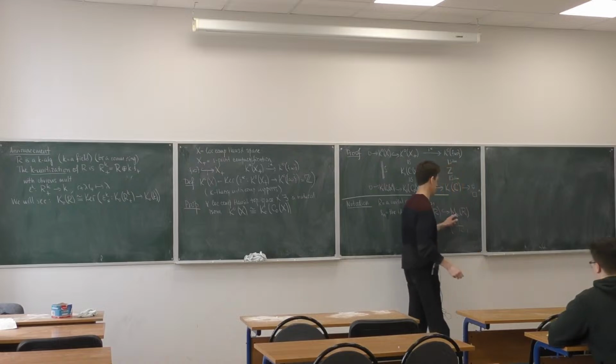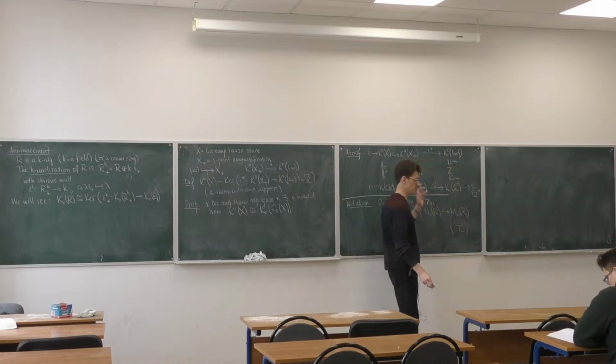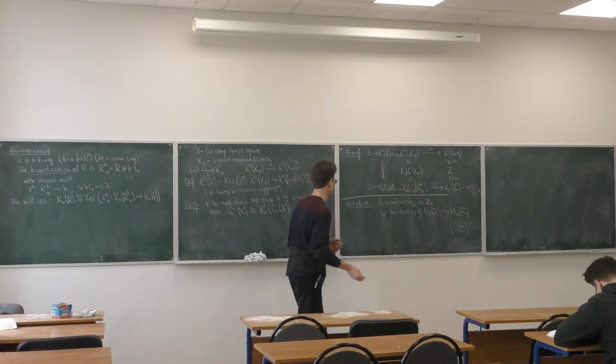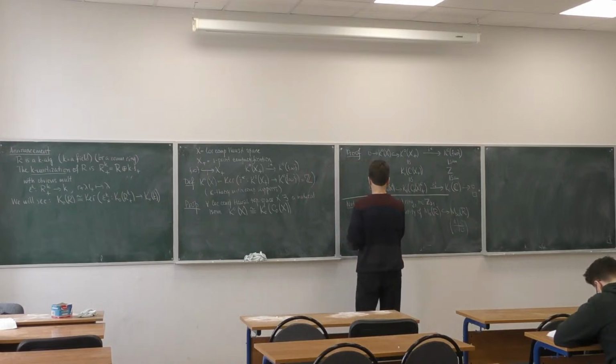Here we have an n by n identity matrix, and the remaining infinite parts are 0. So this is our first notation.